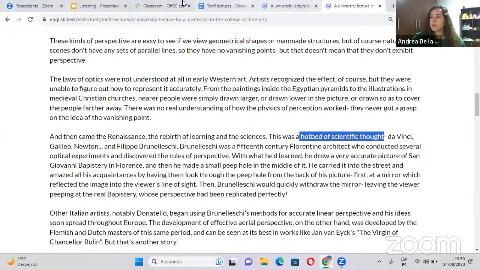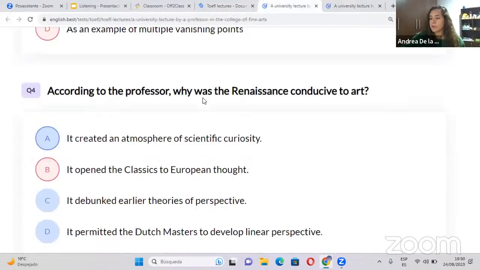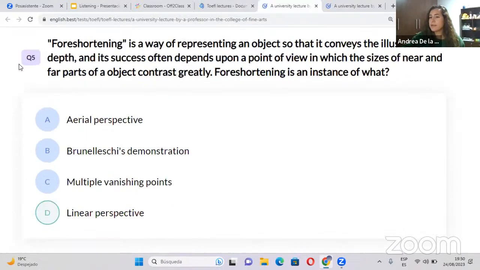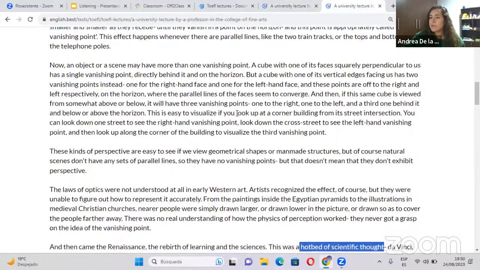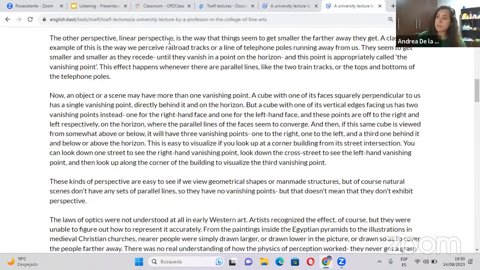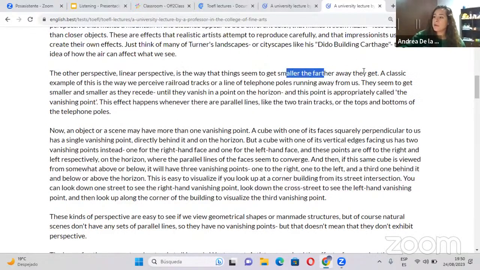The rebirth of scientific thought. They didn't talk about the classics or European thought. And finally, question 5 is fine. Foreshortening would be an instance of linear perspective, because when they were talking about linear perspective, they say, right? Linear perspective is the way that things seem to get smaller the farther away they get. So it's related to depth and to sizes of things.